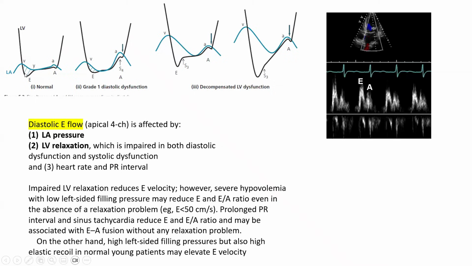That's why I mentioned earlier that high E to A ratio more than 2 implies elevated left atrial pressure in patients over the age of 40, not in young individuals whose E to A ratio may be more than 2 because of pronounced LV recoil, not because of a high LA pressure.